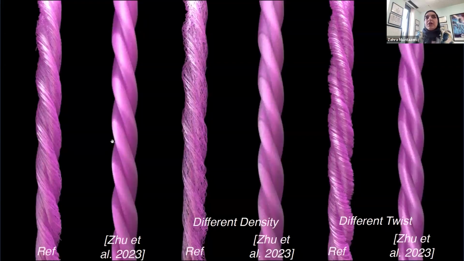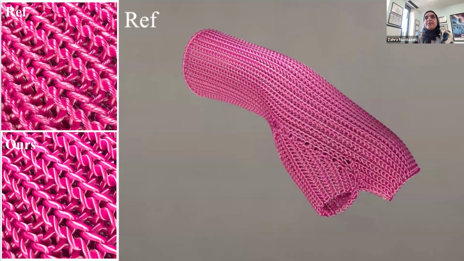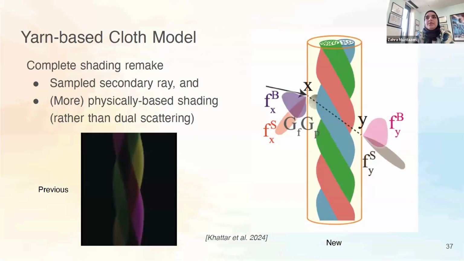This is a multiple-ply yarn, and we get the same behavior reproduced by our model. In the far field, it's very hard to distinguish between the reference and ours. Of course, in the close-up on the left, we don't see the fiber details, but this isn't meant to work in the near field.